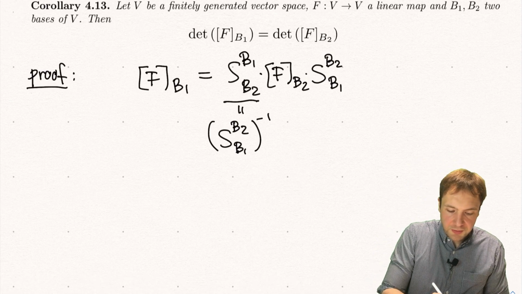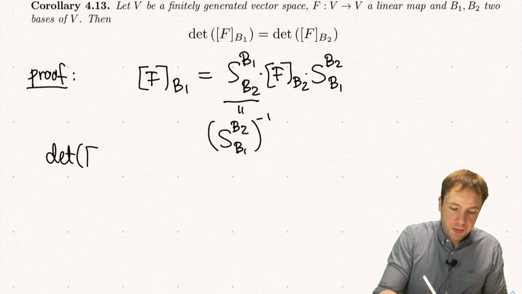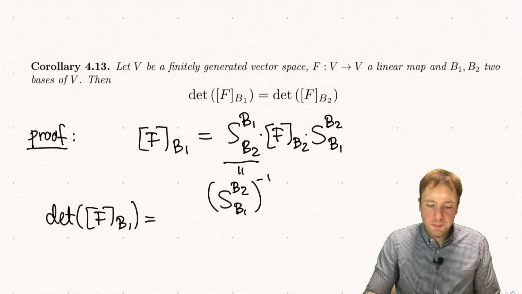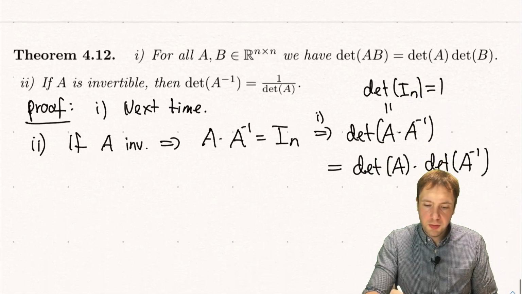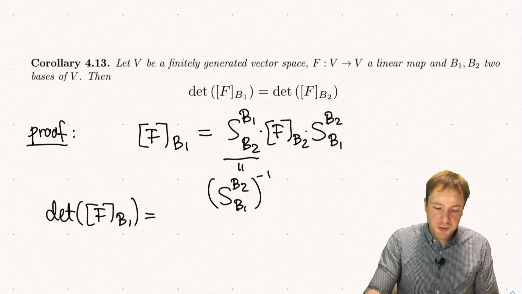But now if we take the determinant of this matrix, then by the theorem before, the determinant of a product is the product of the determinants.